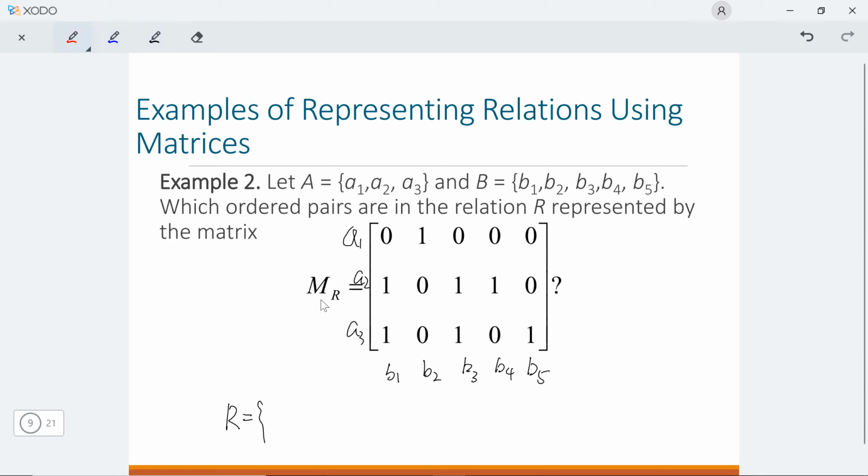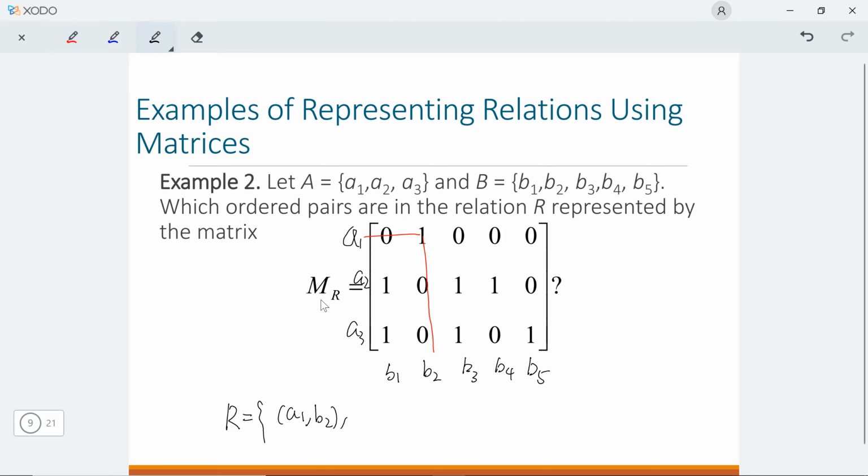This is this row and this column, so it means this is the pair A1 and B2. So that means here in our relation, we should have A1, B2 in our relation.